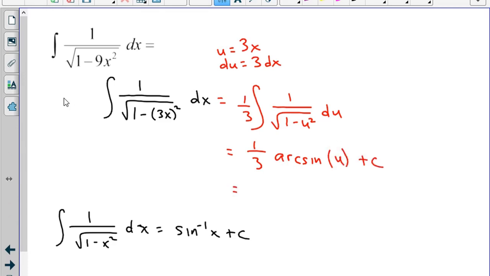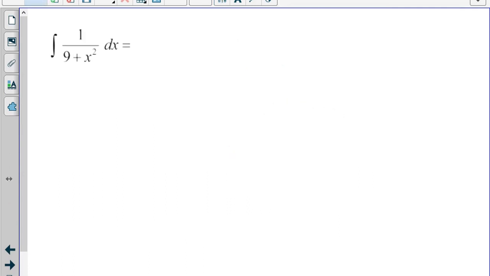So my final answer after I resubstitute will be 1/3 arc sine of 3x plus c. So that's the first problem. Second problem.